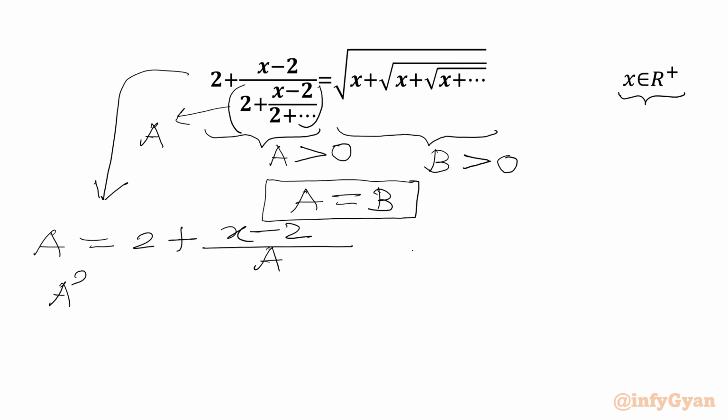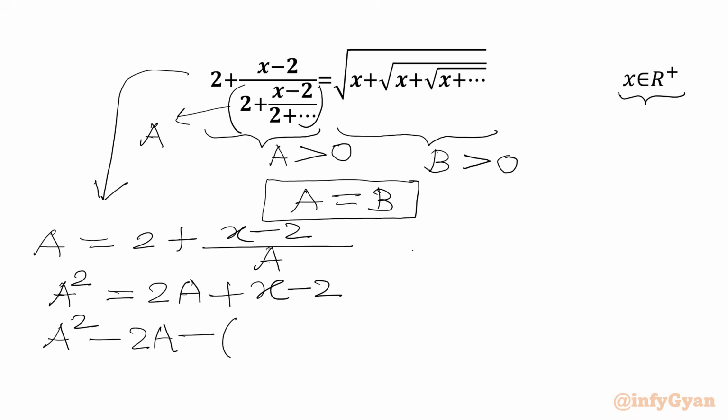We will get A square equal to 2A plus x minus 2. Let's write all the terms to the left side. We will get A square minus 2A minus (x minus 2) equal to 0. We'll consider this as equation number 1.